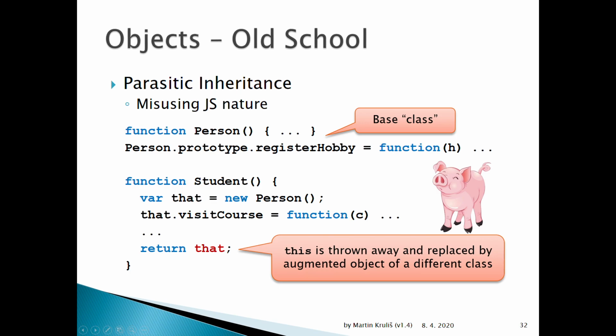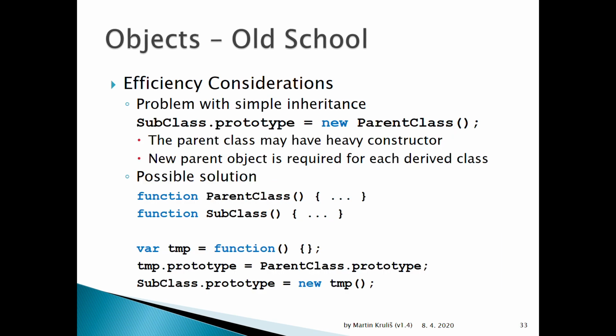So for instance, we need to repeatedly recreate the visit course function in this case. So this is just an example of how not to proceed in JavaScript. It's not a good idea to misuse all the things in JavaScript available to tweak the inheritance.